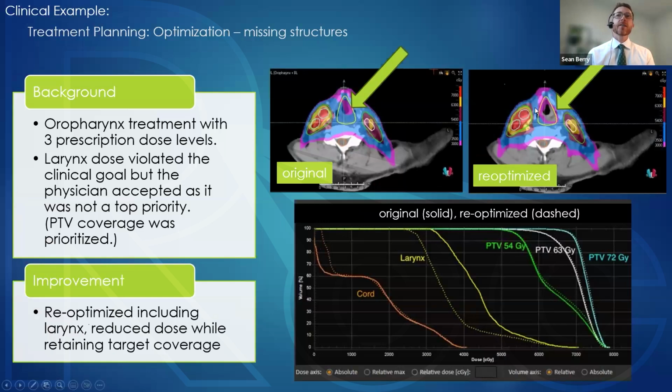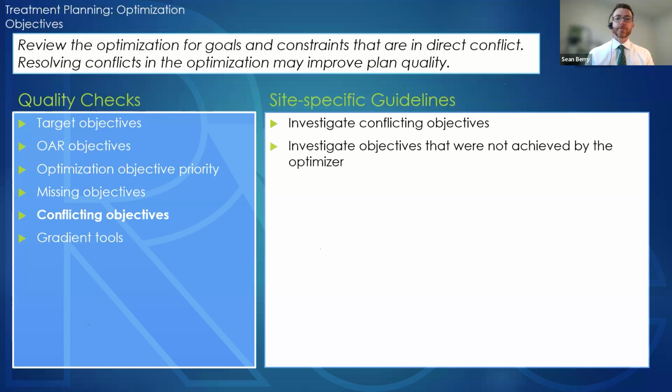So when we went back and re-optimized this patient, you can see that you got a lot more sparing of the larynx, and the cord dose is basically the same. The target coverage is basically the same, but the larynx mean dose was decreased from 44 to 36 gray. So it really is essential that every organ you care about, you do add to the optimization.